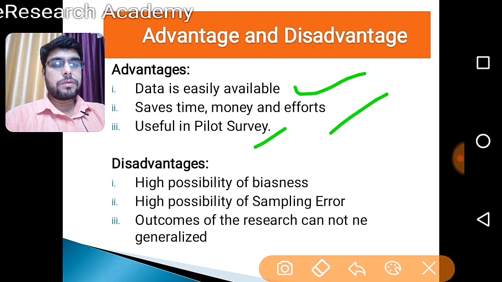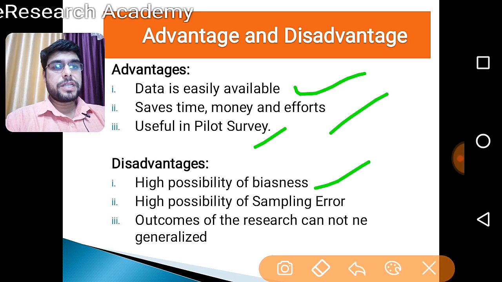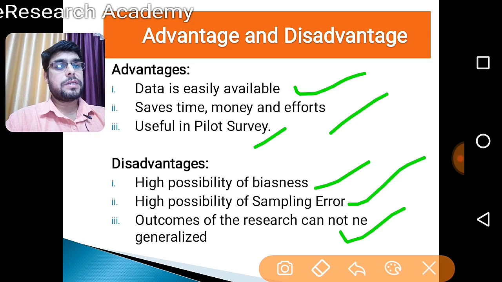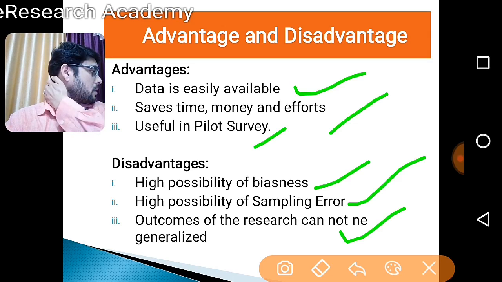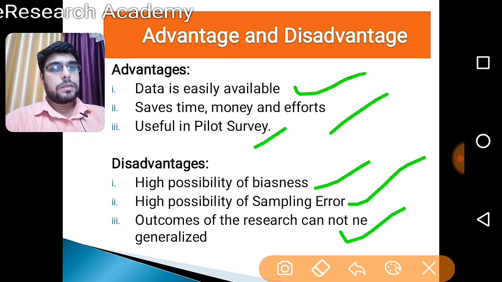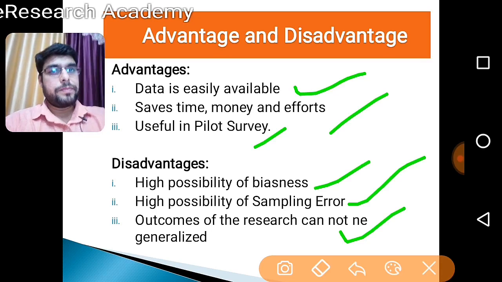If we talk about the disadvantages, there is a high possibility of bias from the researcher side, a high possibility of sampling error, and the outcome of this research cannot be generalized for a wider range or wider areas. It can only be helpful for a narrower, local or smaller area.